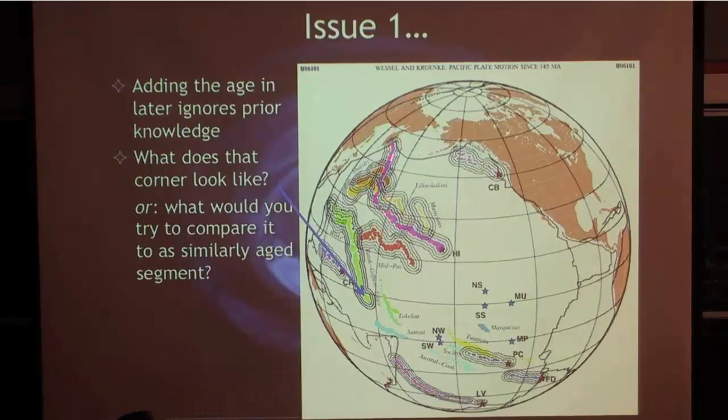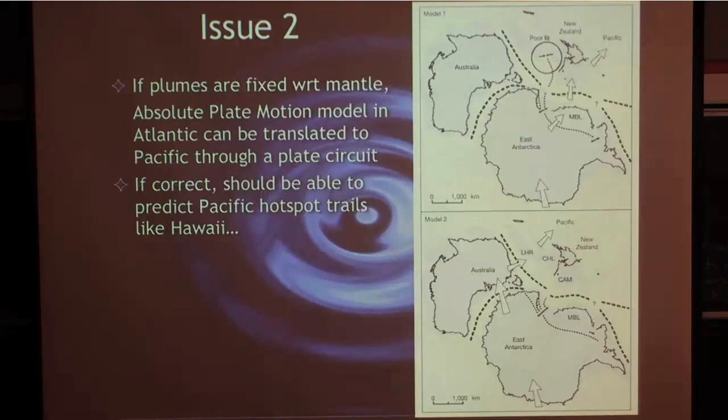If you want to do Hawaiian Emperor, this bend corresponds to this bend. It turns out there's another bend over here, and I'll get to that one later. That actually does correspond to the Hawaii Emperor bend. They just did the ages wrong here. These shapes here are different because they are further back in time. We'll get to those in a little bit too, because those are fun too. There are some assumptions in where those fit in.